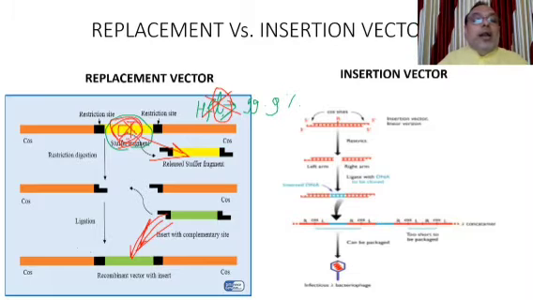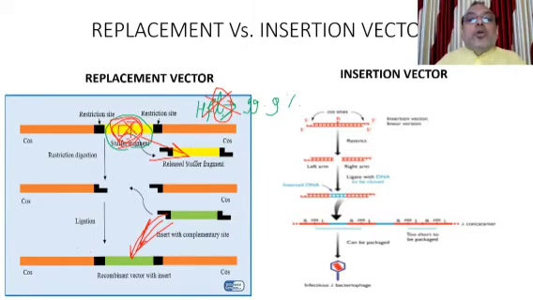So here we have seen the replacement vector, and now in this case there is the insertion vector, where the vector is carrying a portion of foreign DNA which had been inserted at the desired locus inside it, and it has not been inserted by replacing a segment of phage DNA.